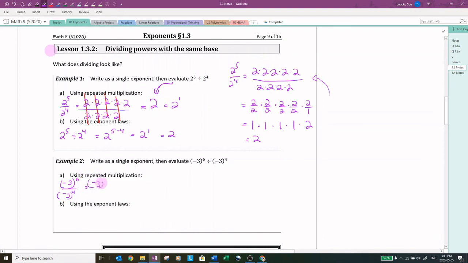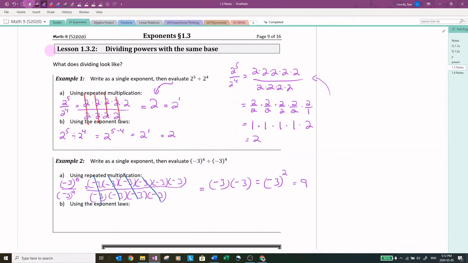So this is negative 3 times negative 3 times negative 3 times negative 3 times negative 3 times negative 3, divided by negative 3 times negative 3 times negative 3 times negative 3, and then I'm going to cancel things out. So 1 in the top, 1 in the bottom, because they're multiplied, that's the shortcut for doing what I did up at the right here. And what I'm left with is negative 3 times negative 3, which is (negative 3) in brackets squared, which equals 9. Okay?